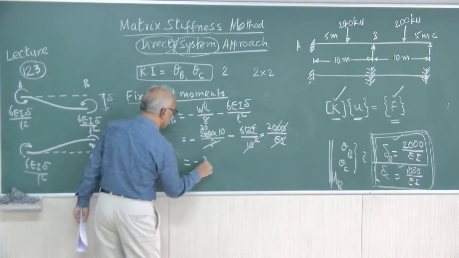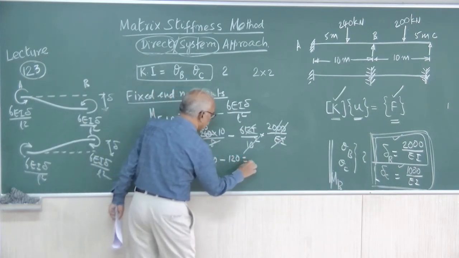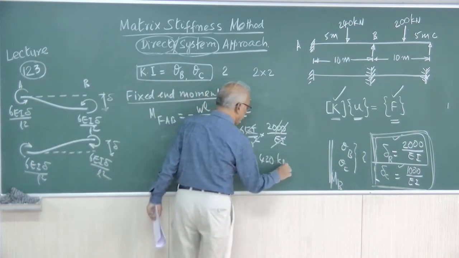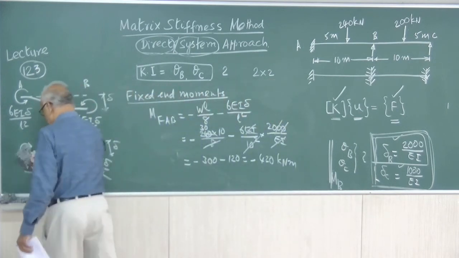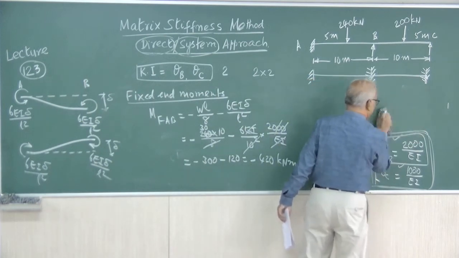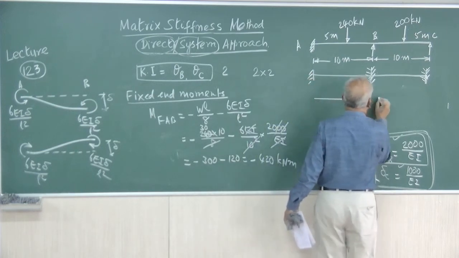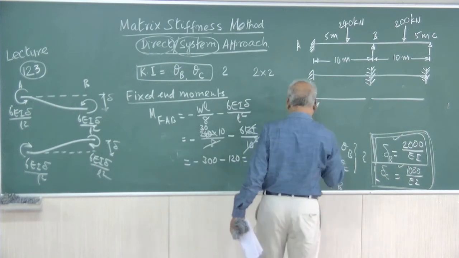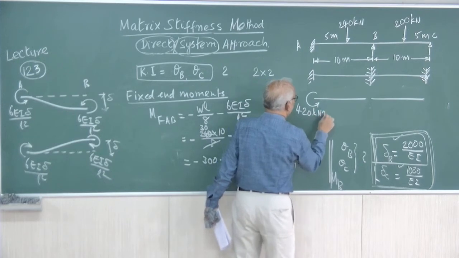So minus 300 minus 120 equal to minus 420 kilonewton meter. So coming to the fixed end moments, here it is minus 240, minus 320, minus 420, minus 420 kilonewton meter.